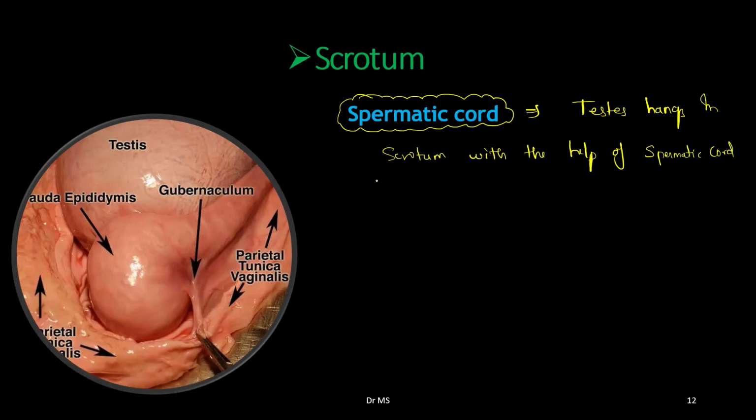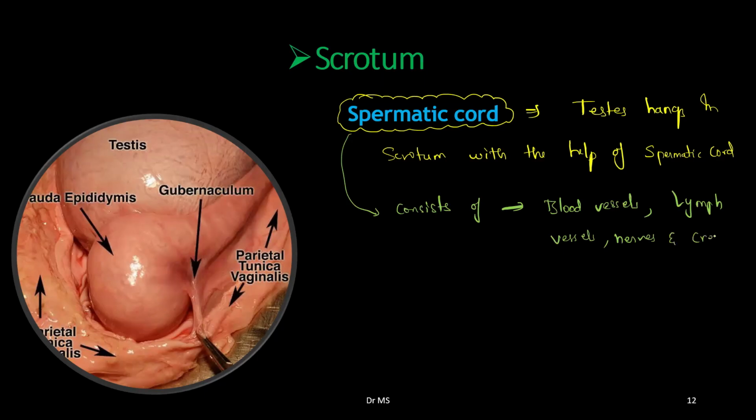It consists of blood vessels, lymph vessels, nerves, and cremaster muscles. I'll tell you what the use of these cremaster muscles is.